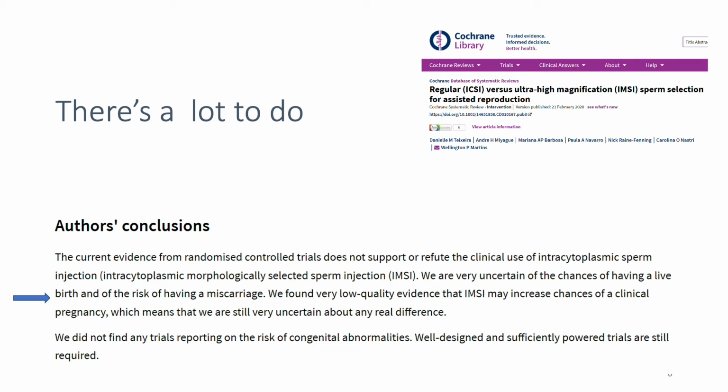And this could apply to a number of things in reproductive medicine. So actually, we don't know the answers to many questions, and even though we think we do. So that is a very important lesson. There's plenty to be done in reproductive medicine, and we actually need to get on with these types of studies.